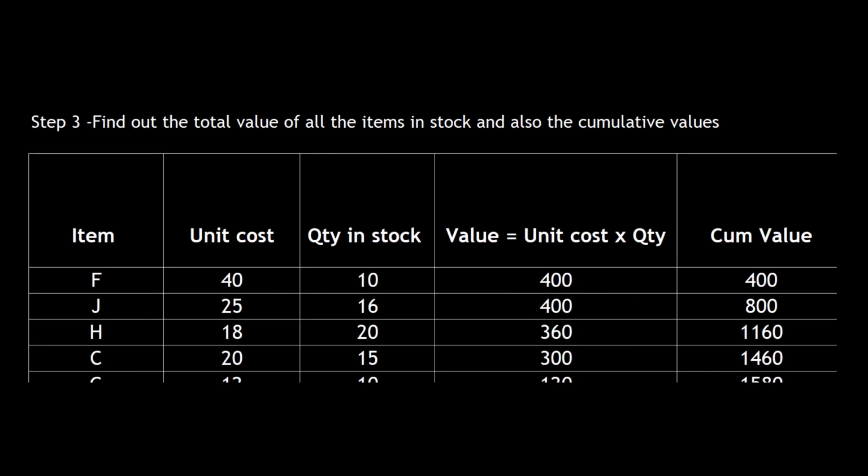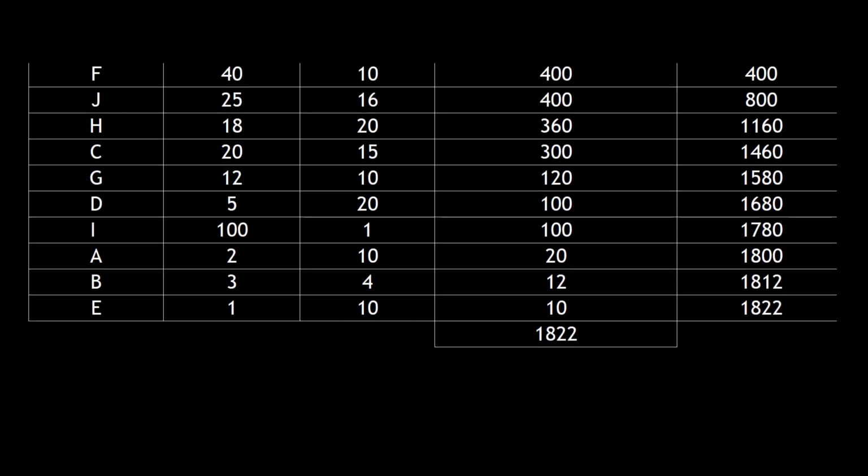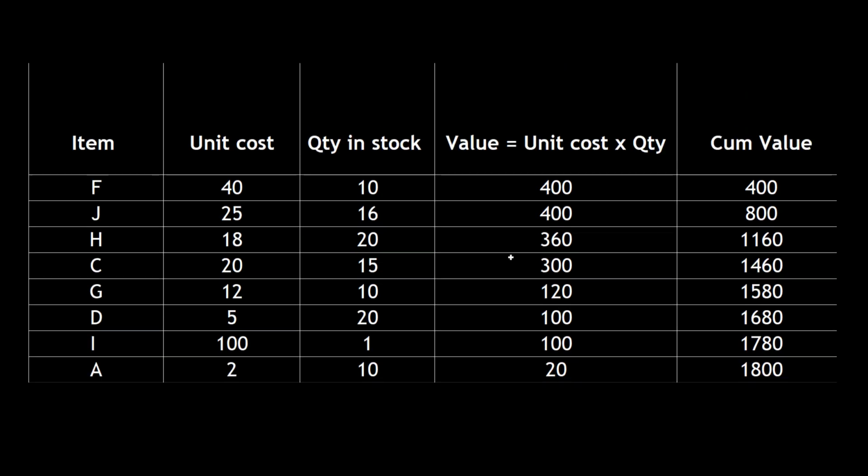The next step is to find out the total value of all the items and also the cumulative values. After you arrange, you need to find out the total value of the entire stock, which in this case is the addition of all of these, and you get 1822. Also you find the cumulative value. For F it is the same, 400.